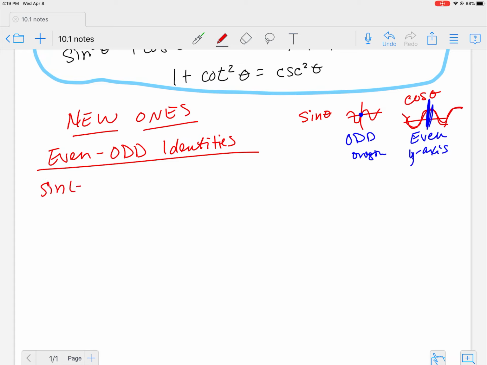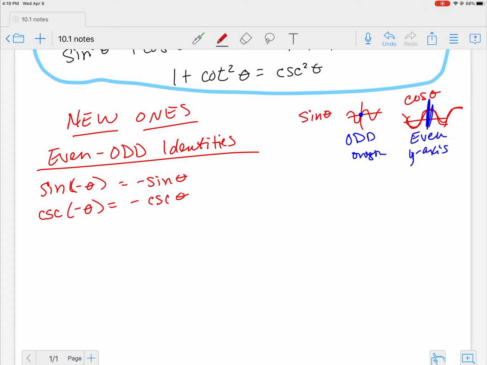That was our test. For an even, if I input a negative and my output is original, then I know that's even. So we're making that connection right now.